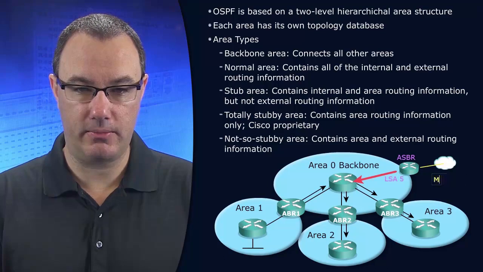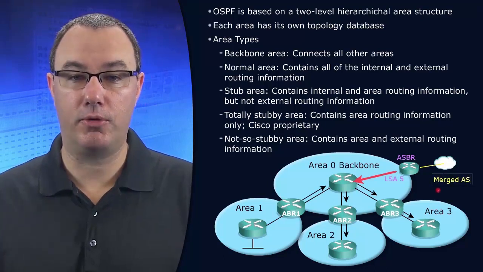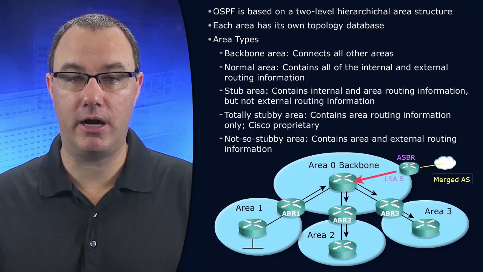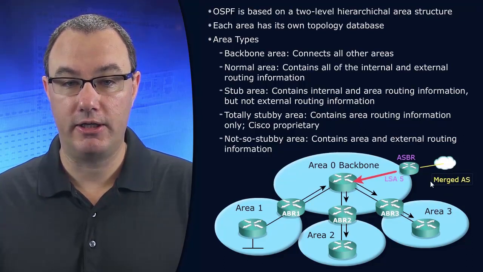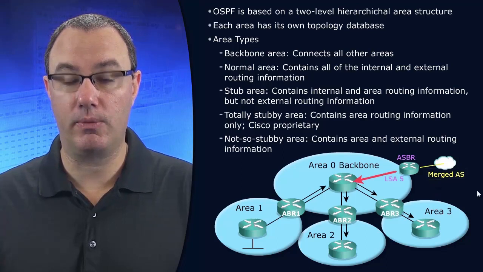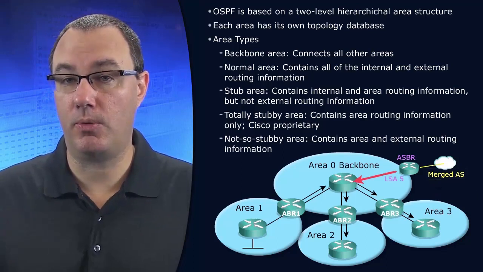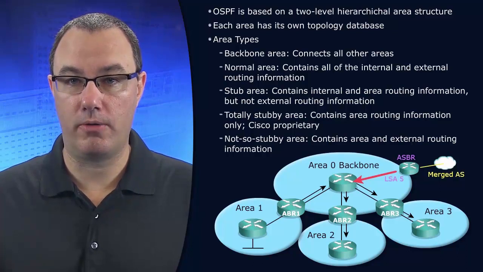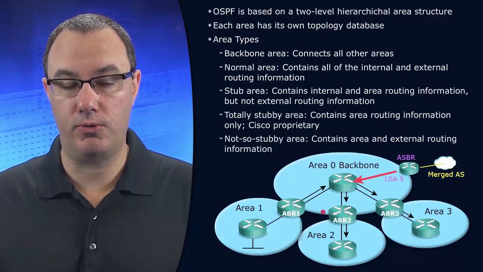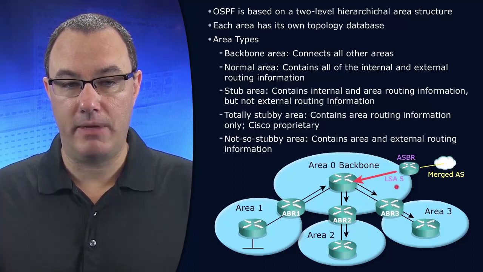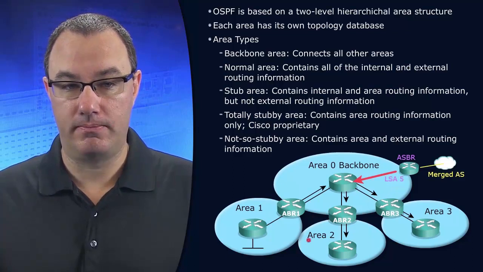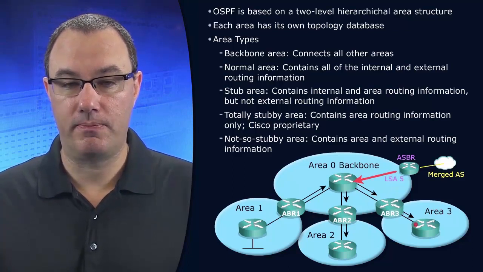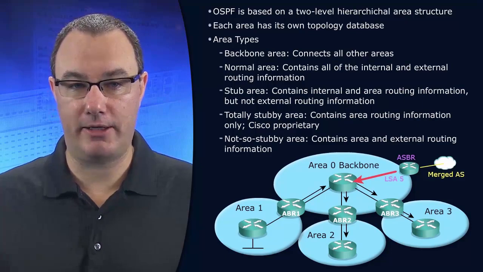Let's say merged AS, where we have a merger and we now have to take all of their routes and incorporate that into our routing. But maybe we don't want all routes. We want partial routes. Or maybe we want to make sure that we don't overwhelm our stub areas. That really is what stub areas are about.